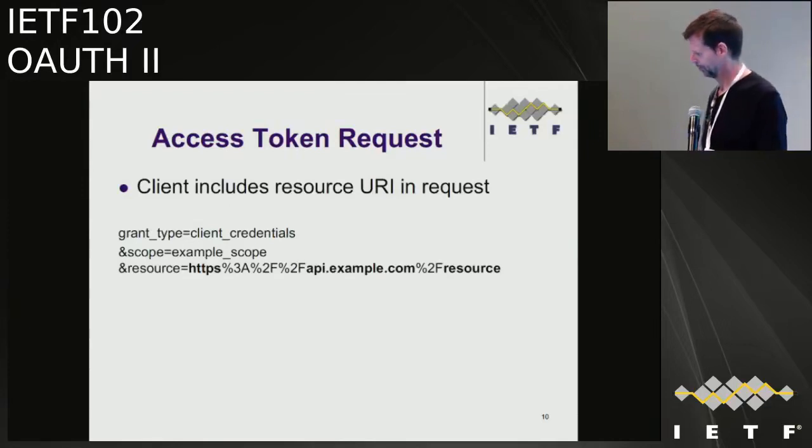So if you're, go ahead, John. I think those are slightly two different questions. One is whether or not we should be using audience or resource as a parameter. The other question is, should we adopt the other spec and back out some of the stuff that went from that spec into this spec so that this spec refers to the resource spec?